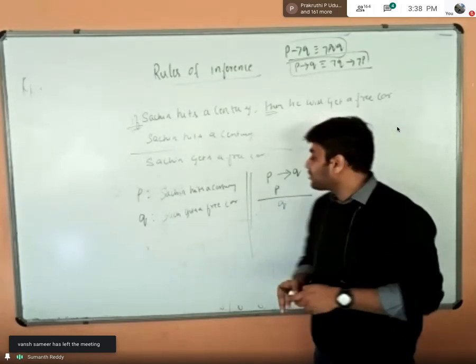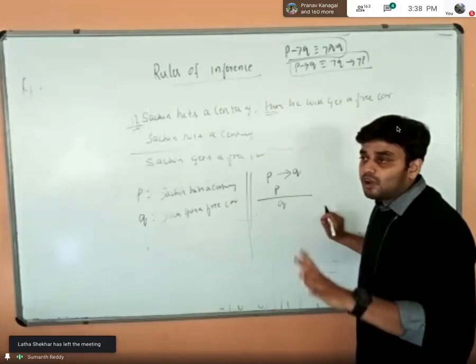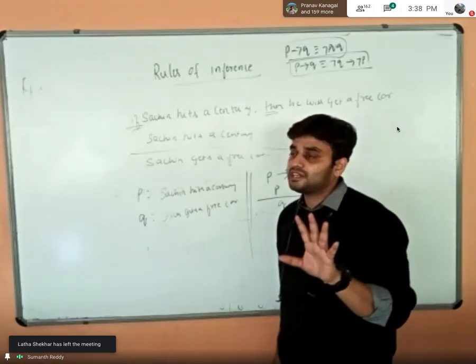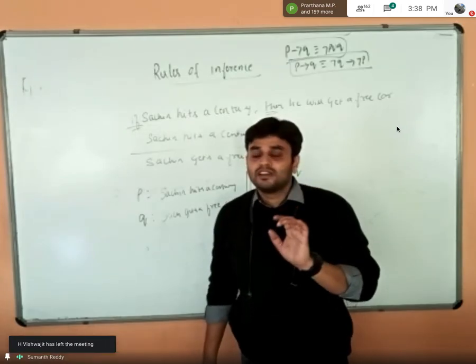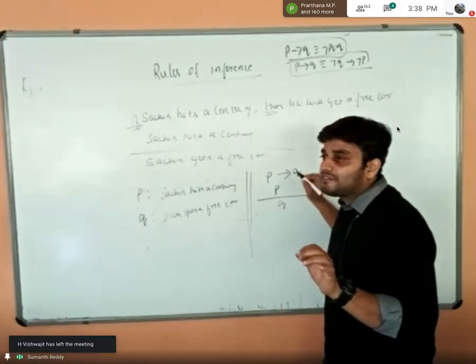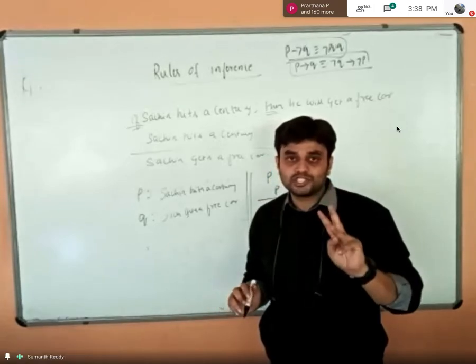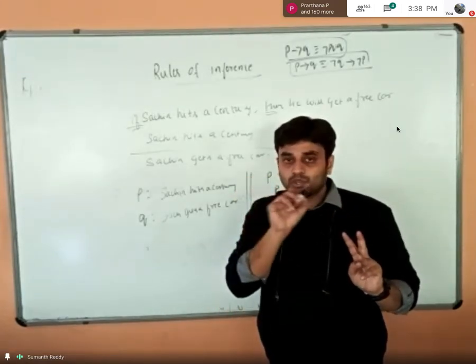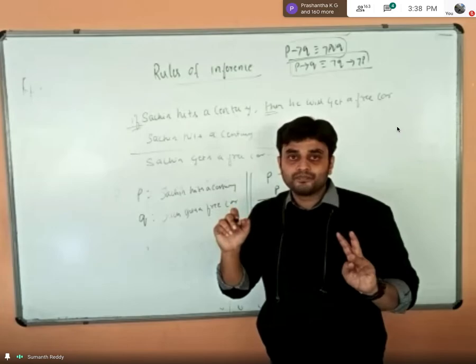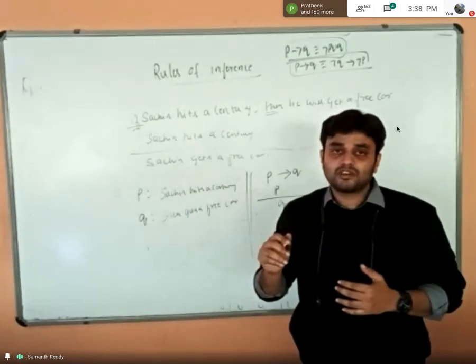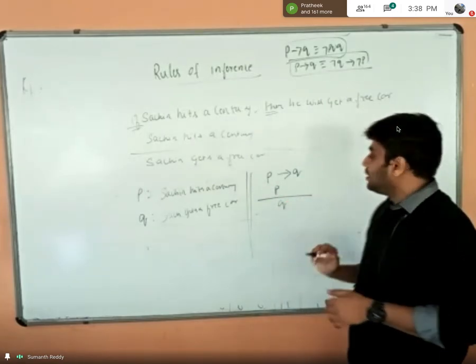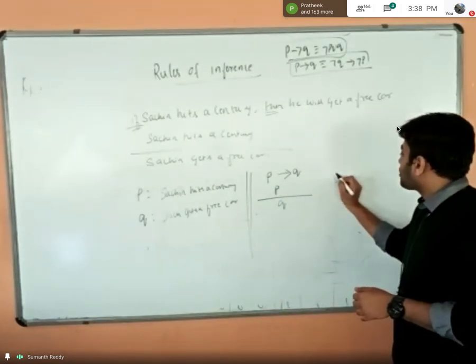Out of the 5 rules, conjunction and disjunctive amplification are with respect to conjunction and disjunction. With respect to conditional, I have given only 3 rules. One is the rule of syllogism: P implies Q is true, Q implies R is true, then P implies R is true. Modus ponens deals with the if part. Modus tollens deals with the then part. So now easily we can tell that this argument is valid.